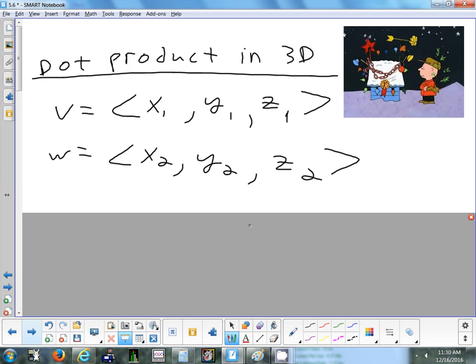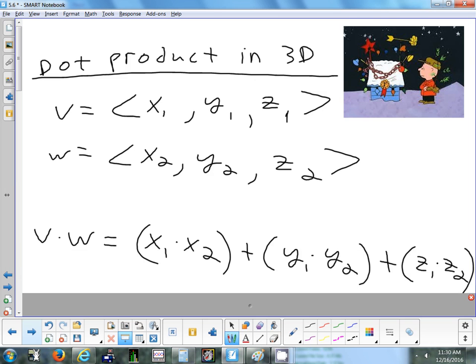What do you do first? Multiply the x's, and then you're going to add, multiply the y's, and then add them. So now, in 3D, you're going to multiply the x's, plus multiply the y's, plus multiply the z's. So this is the extra step in 3D.